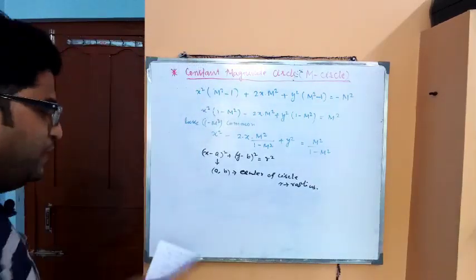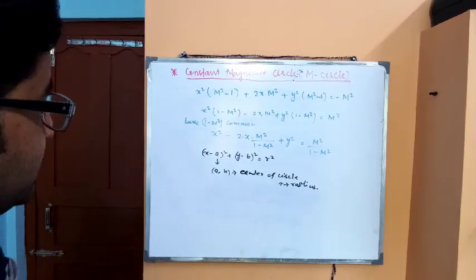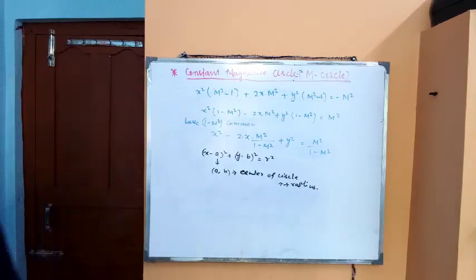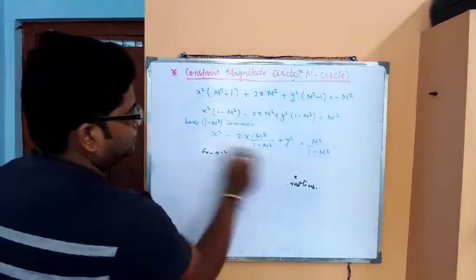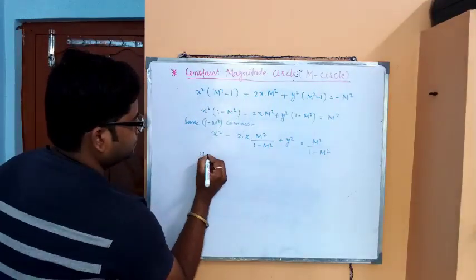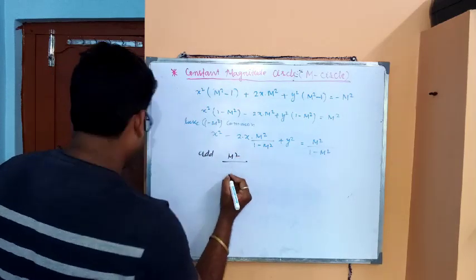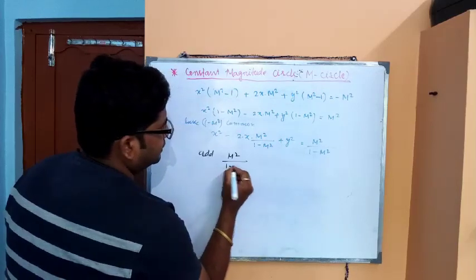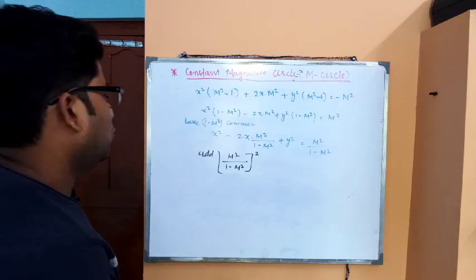So to make the above expression the expression of a circle, we need to add M square by 1 minus M square, the whole square, on both sides.